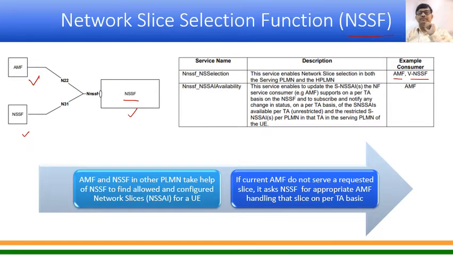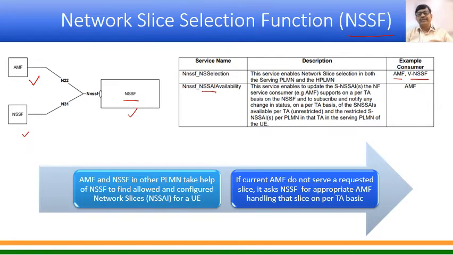So for example, now let us look at this particular service. Whether a particular network slice, which is identified by network slice selection assistance information, NSSAI, that's the name which identifies a particular network slice, is available on a TA or not.